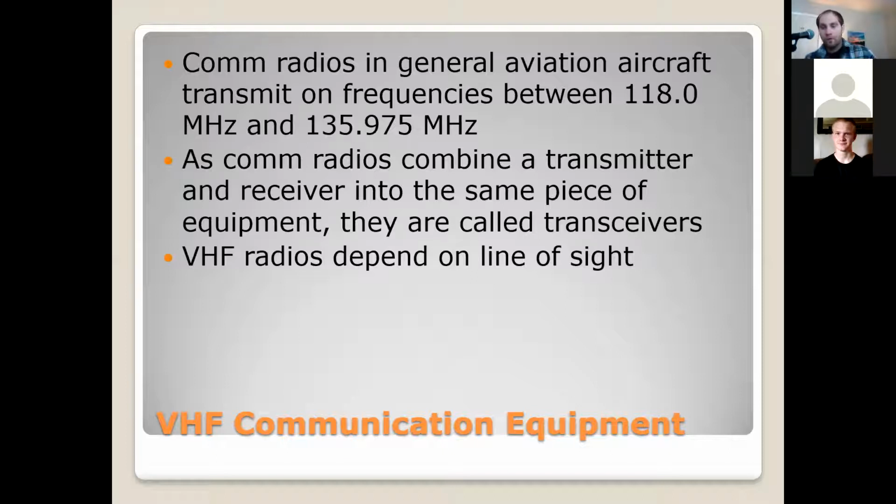Communication equipment. Awesome. Only one person can talk on the radio at a time. So when you push the button down to transmit, you are the sole person that can transmit on that radio frequency. If another aircraft nearby pushes the button at the exact same moment that you push to talk, then you block each other and nobody hears any clear communication.